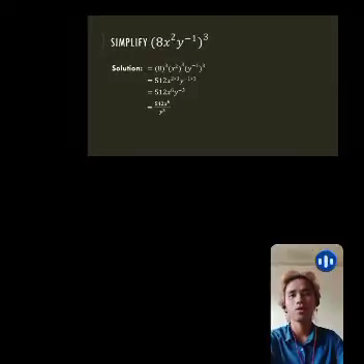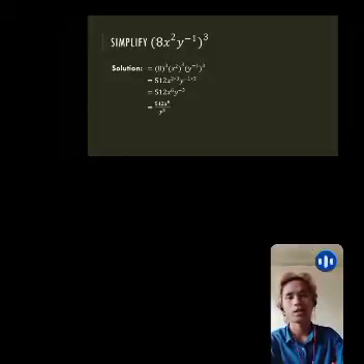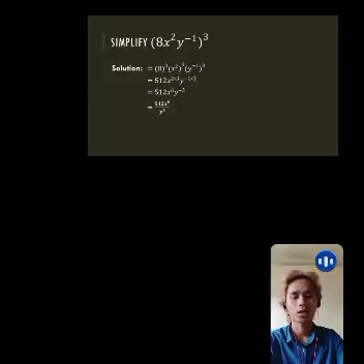Now we are going to simplify the term 8x squared y to the negative 1, all raised to the power of 3. We just have to distribute the exponent from outside the parentheses, that is the power of 3.